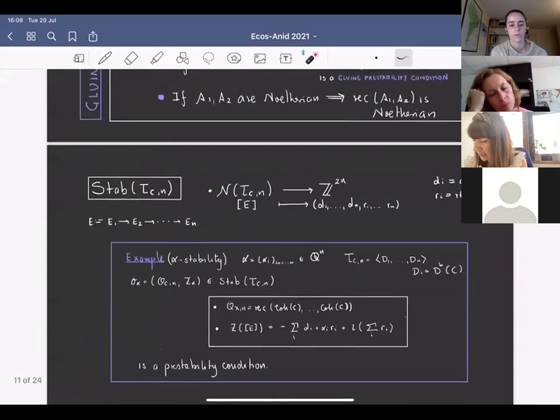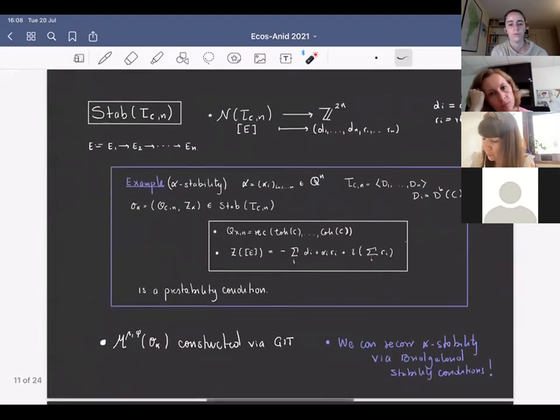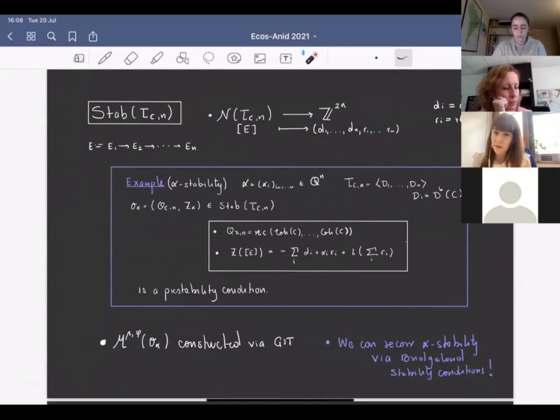Okay. So first of all, we go back to the stability manifold of the holomorphic chains on curves. As I mentioned before, the numerical Grothendieck group is going to be given by the rank and degree of each of the components. The important part here is that we're going to recover alpha stability, the classical alpha stability.